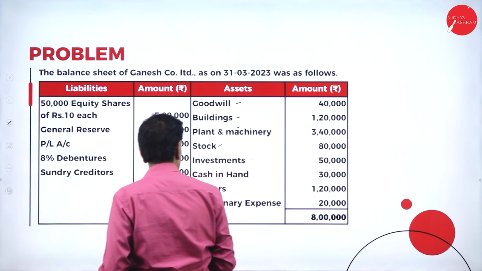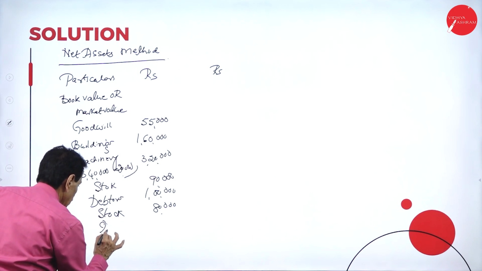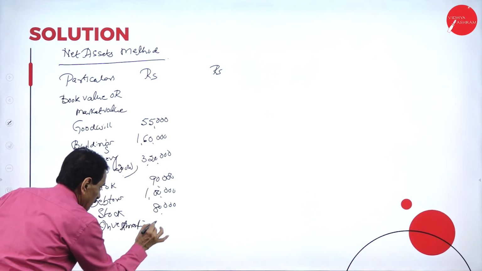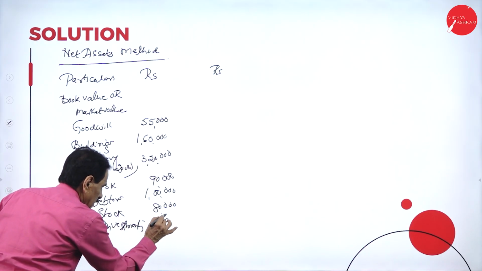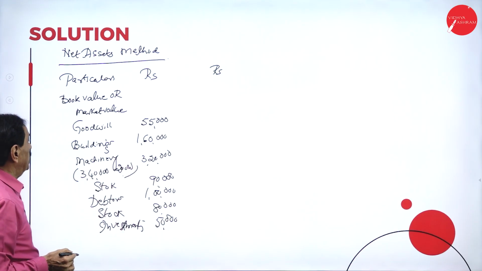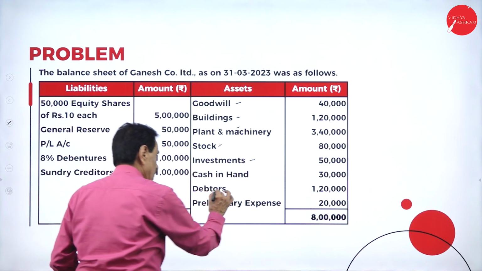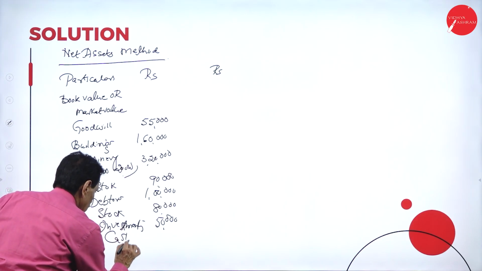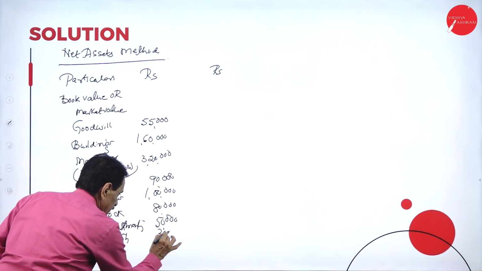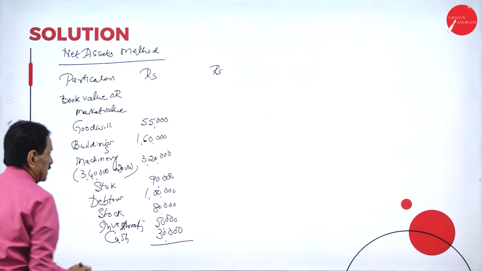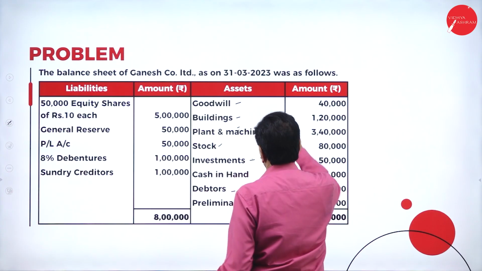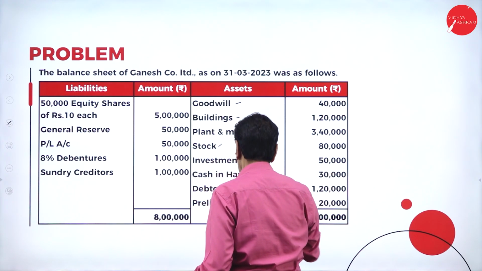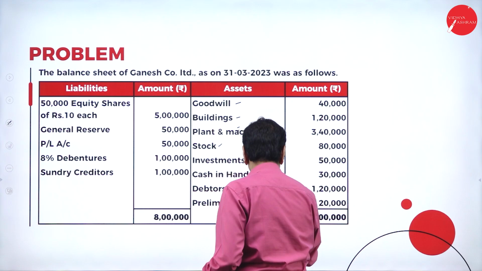Investment, 50,000. Debtors over. Cash 30,000. See that all the items are over: goodwill, building, machinery, stock, investment, cash in hand, debtors. Preliminary expense should not be taken.